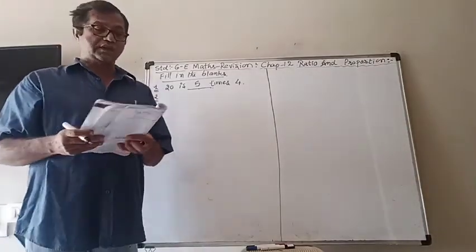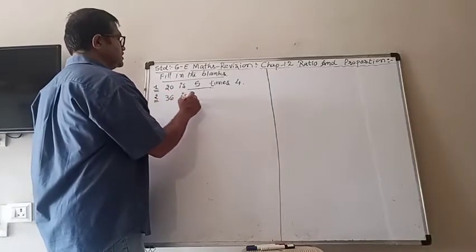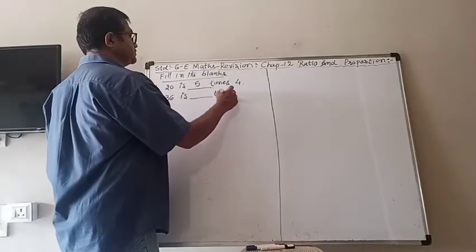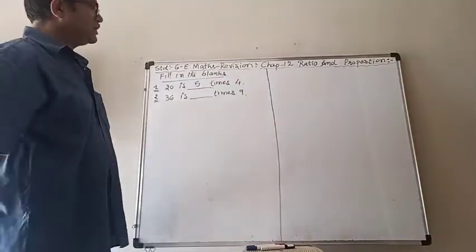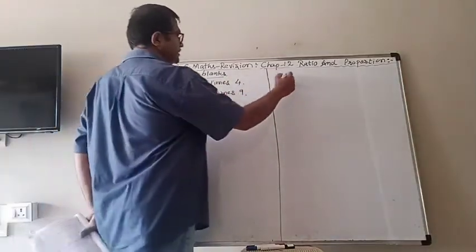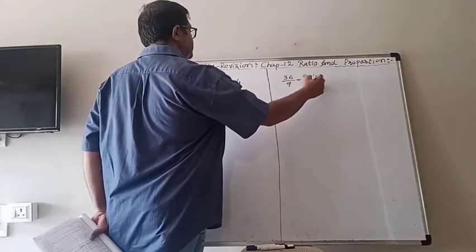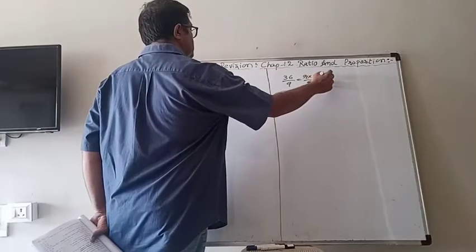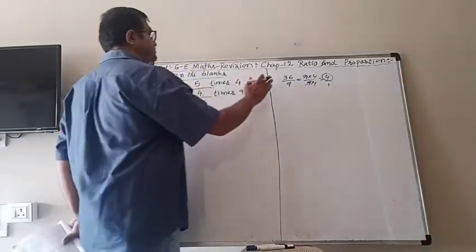Second, 36 is blank times 9. So what is the ratio of 36 and 9? 9 4s are 36. So it is 4 times 9.